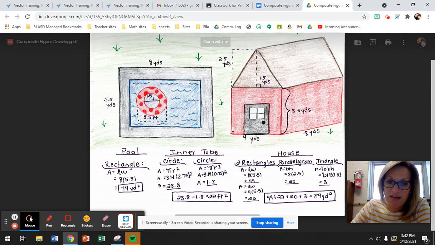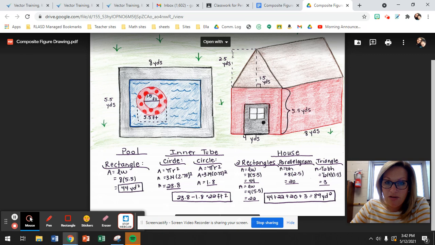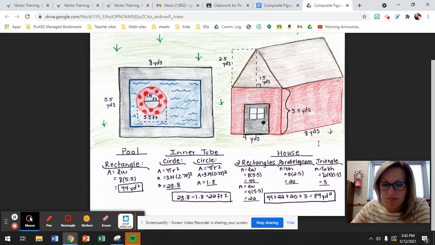For my triangle, I used 1.5 yards as the height. And for my pool, this is 8 yards here and this is 5.5. They're the same. It's easy math.